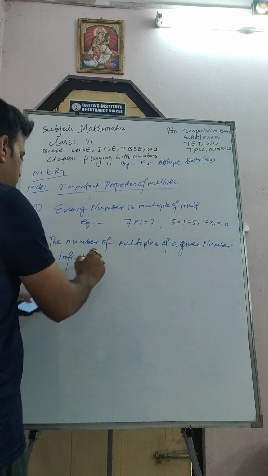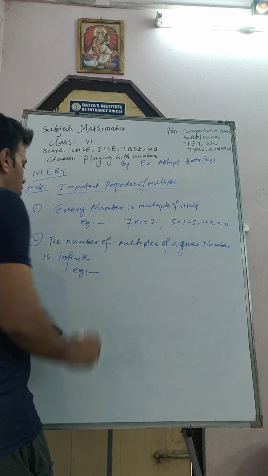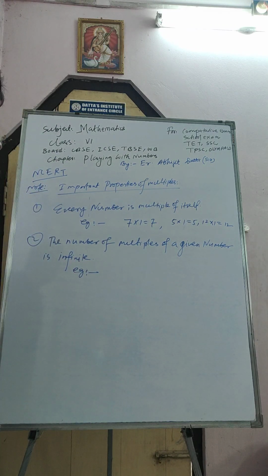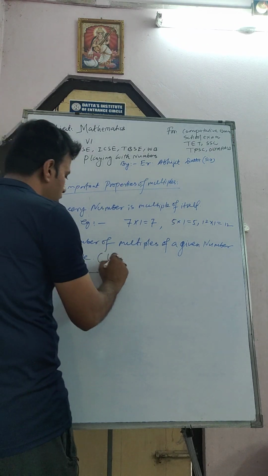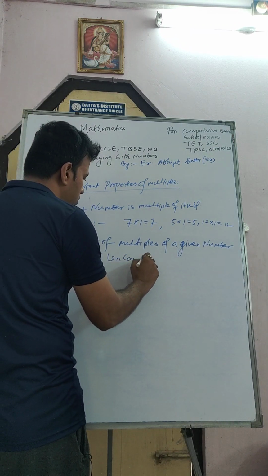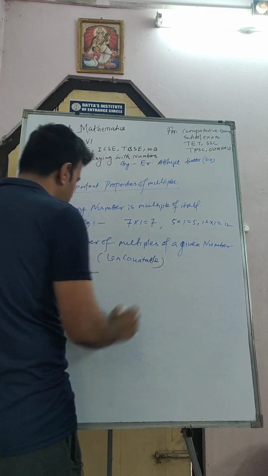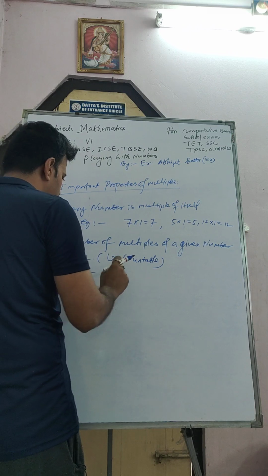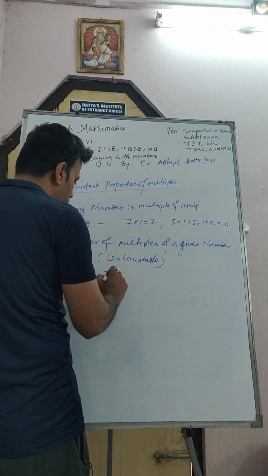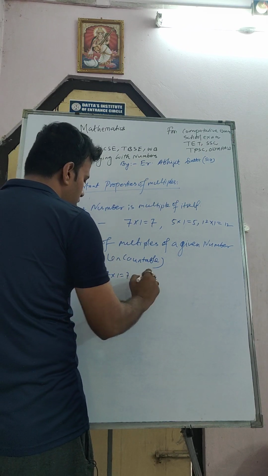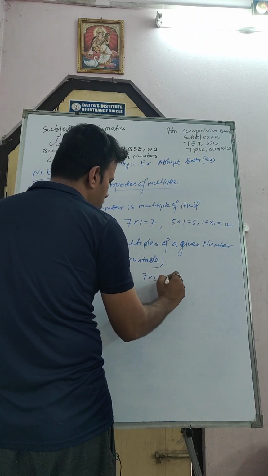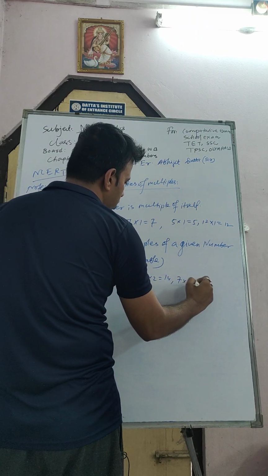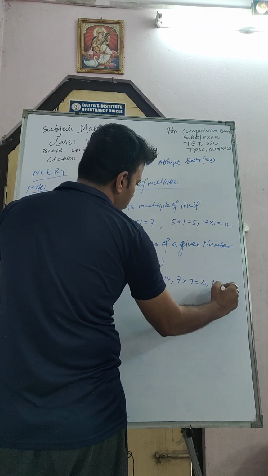What is the second property? The number of multiples of a given number is infinite. Infinite means uncountable. Suppose 1 into 7 is 7, 7 into 2 is 14, 7 into 3 is 21, 7 into 4 is 28.